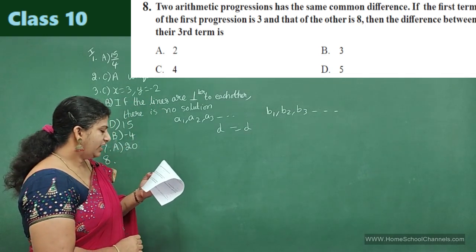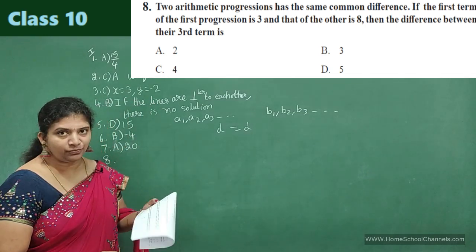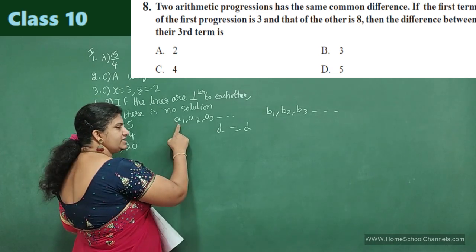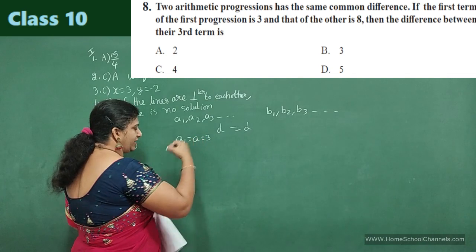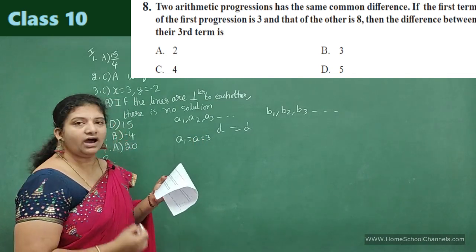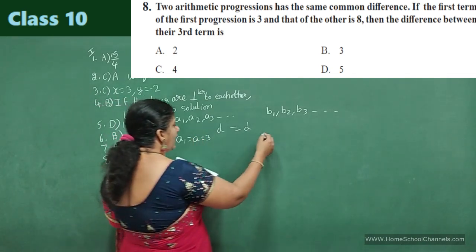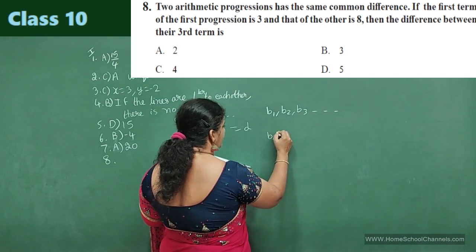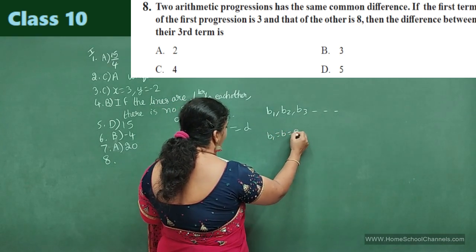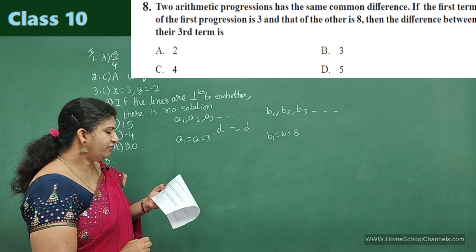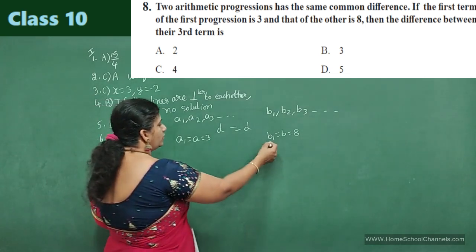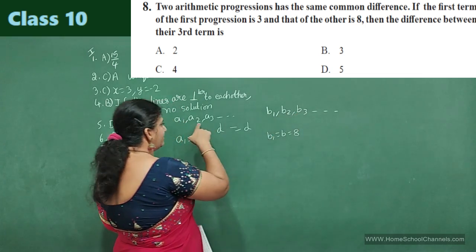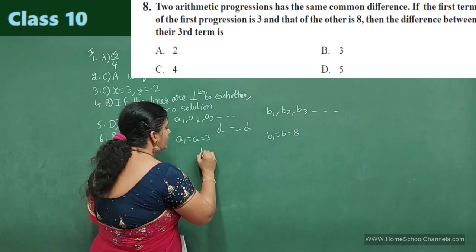And next, if the first term of the first progression is 3, first term means what? A1 is equal to a equal to 3. And that of the other is 8. Other first term b1 is equal to b is equal to 8. Then the difference between their third term is, so this third term is B3 and this third term is A3.